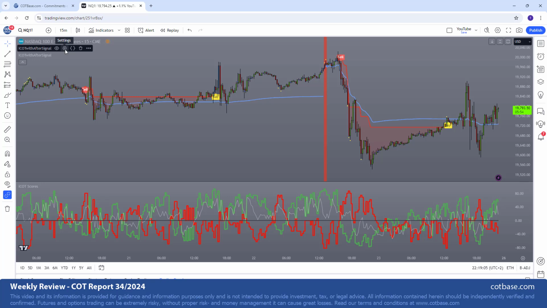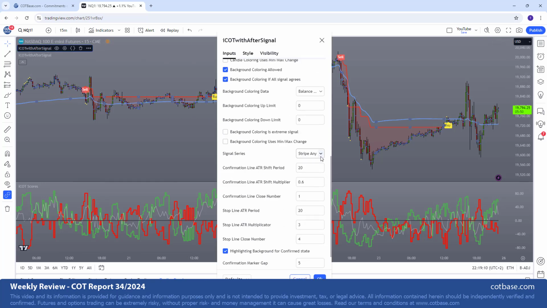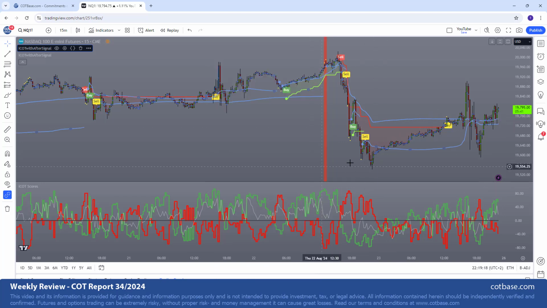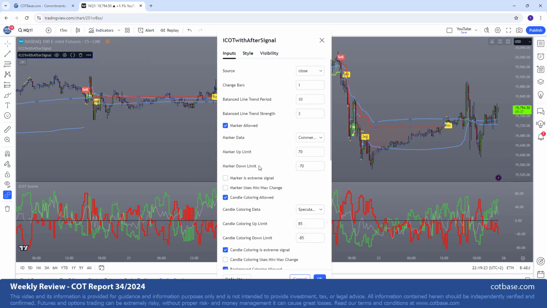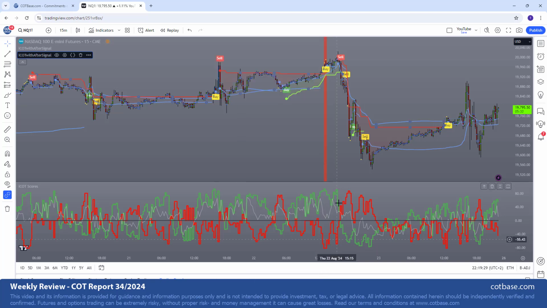And as I explain in the how to use video, we are going to target opportunities on the long side, any long. That means that any type of signal, it can be either coming from commercials or speculators, we would like to see that. The other one is going to, of course, be looking at short opportunities. And this is what we get here on a 15-minute candlestick chart for Nasdaq.